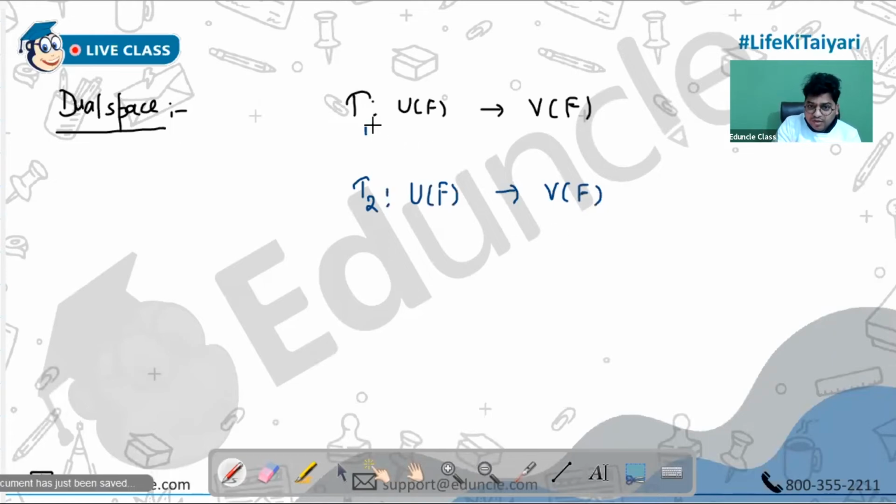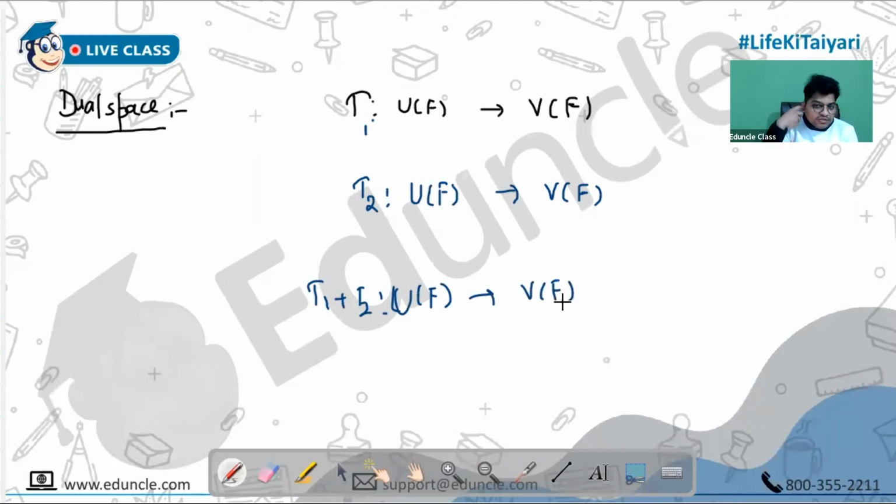So if these two are linear transformations, then the addition of these two is also a linear transformation. Yes or no? Can I say like this? You can take T1 plus T2 of A alpha plus B beta, how will you define it?